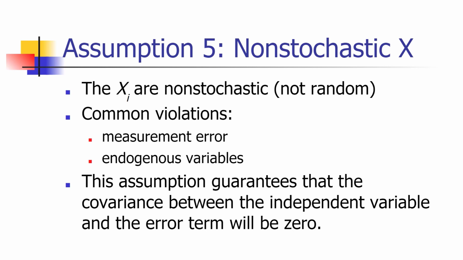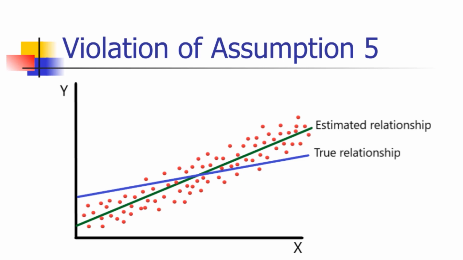Because if the x's are constant, there is no covariance between the error term and the independent variable. If there's a violation of this assumption, for example, if there's a positive correlation between the level of x and the level of the error term, and the true relationship is given by the line labeled true relationship, what happens is that at low levels of x, the error term would tend to be negative. At high levels of x, it tends to be positive.